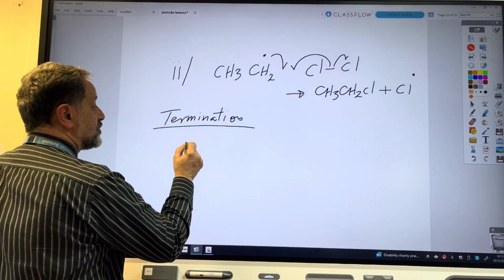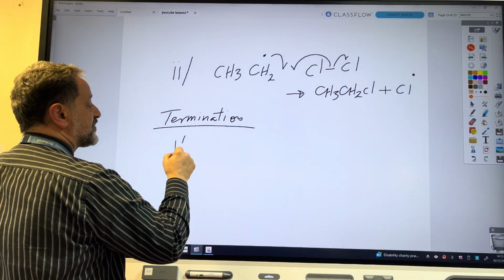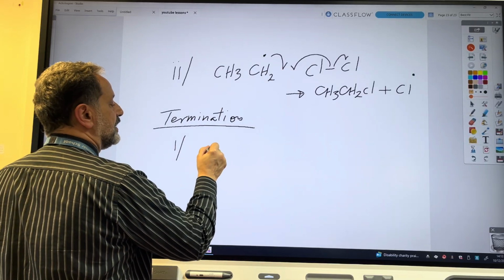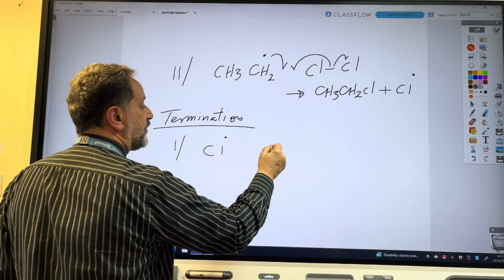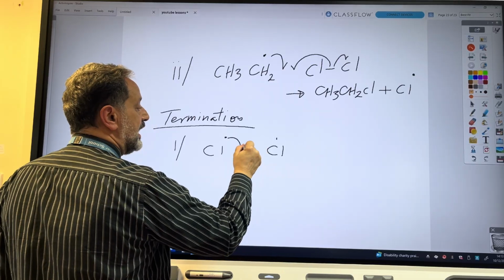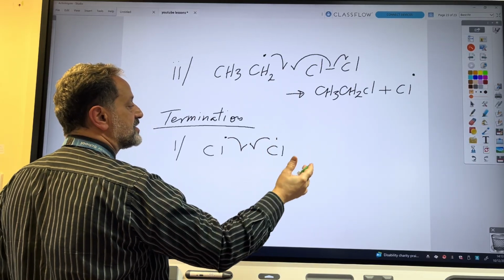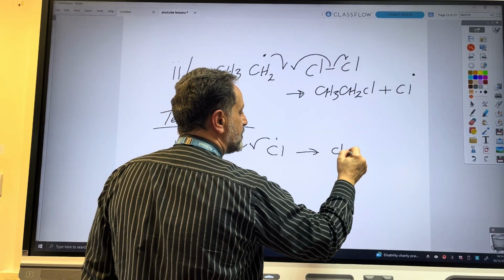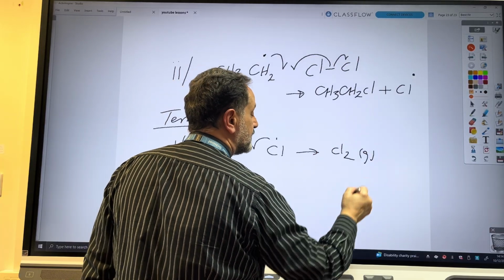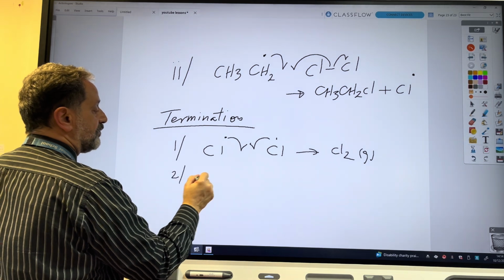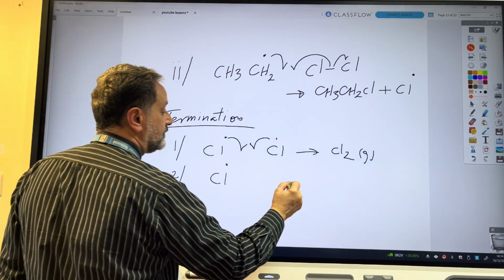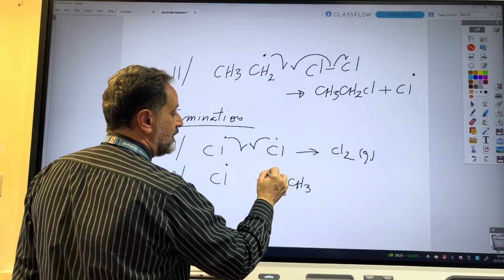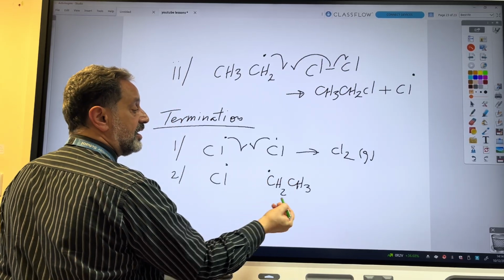In what way? So, for example, there are always three ways in which this termination can occur. If, for example, 2 chlorine free radicals come together, and instead of going and reacting with other things in the reaction chamber, they actually react with one another and turn into chlorine gas. Or a chlorine free radical, in this particular example that I've given you, reacts with ethyl free radical.